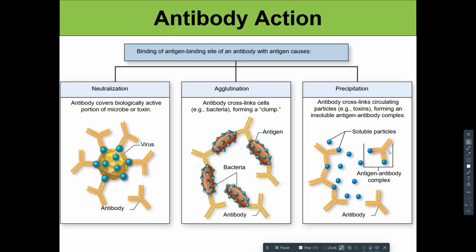Now, the binding of that antibody to its specific antigen can do a bunch of things. One thing it can do is just cover up the dangerous part of a microbe or a toxin. In that case, the antibody is doing neutralization, preventing the microbe or the toxin from doing whatever harm it could do.